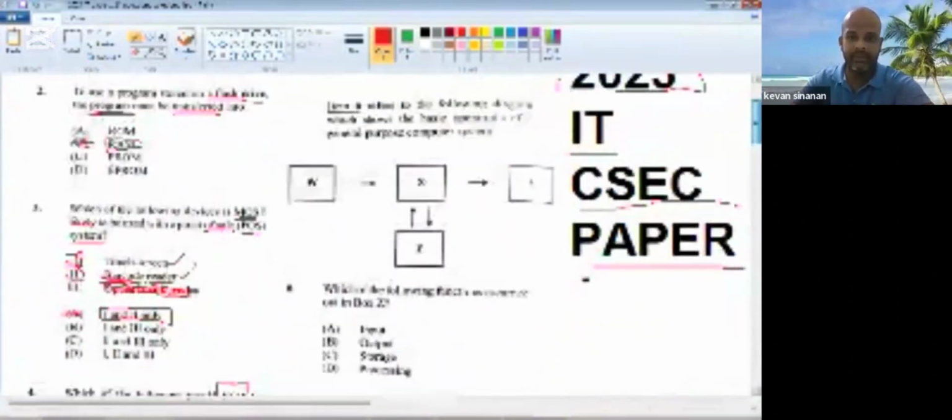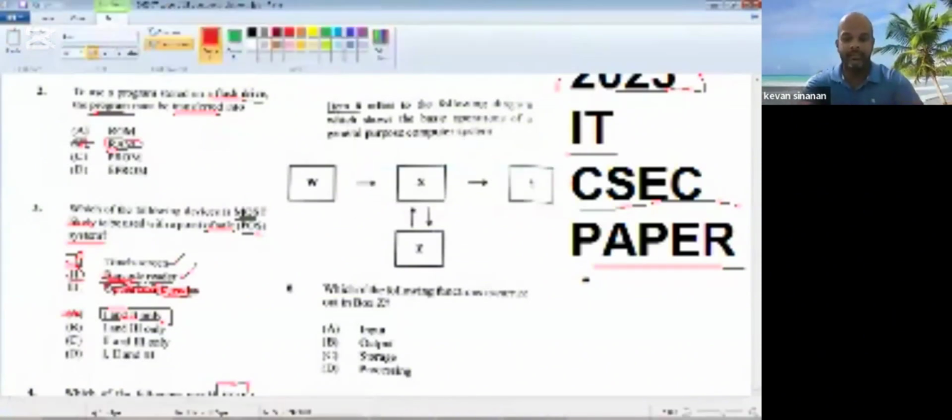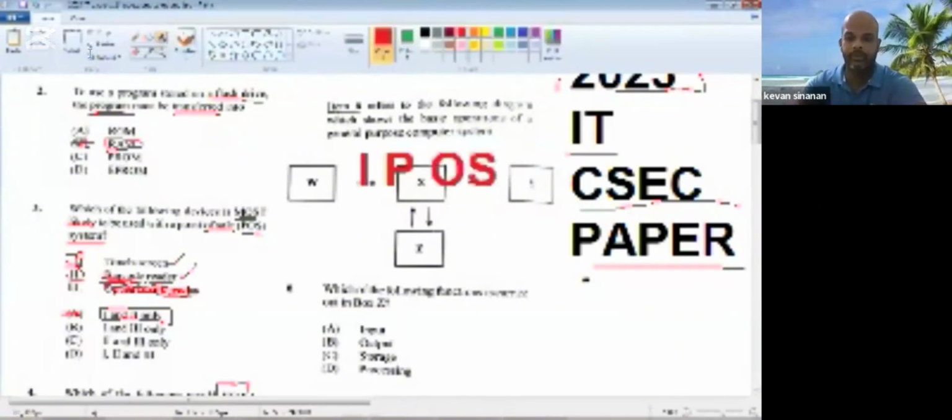Number 6. This diagram here, item 6, refers to the following diagram, which shows the basic operations of a general purpose computer system. Just by looking at this, many of you might remember the first thing you would have learned is the IPOS cycle. So I for input, P for processing, O for output, S for storage. Many of us would know about that. So that's what this chart is showing us.